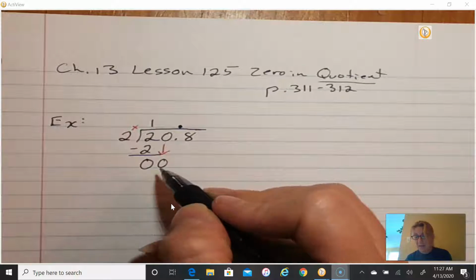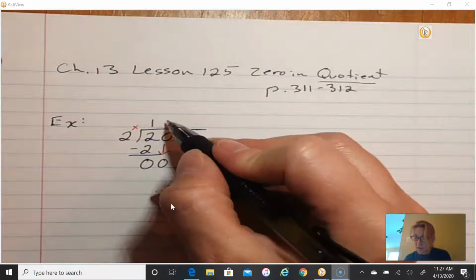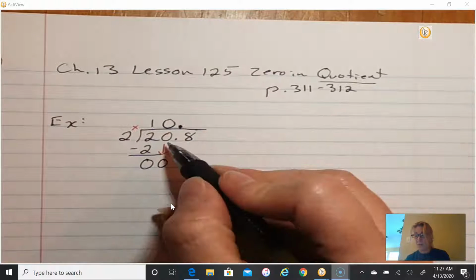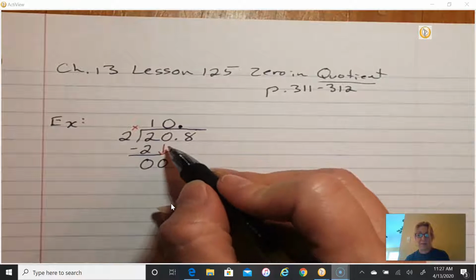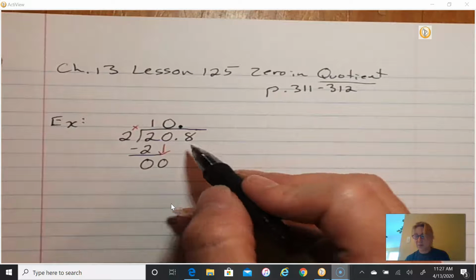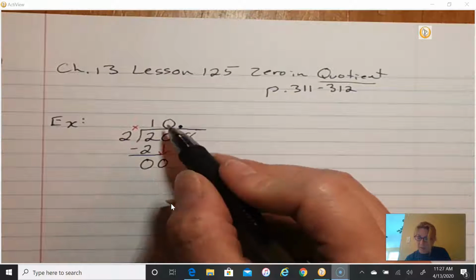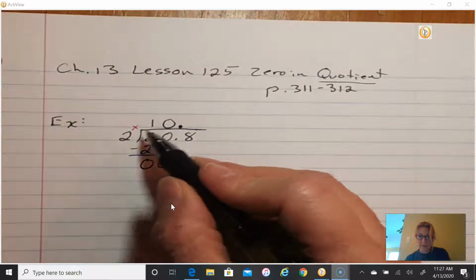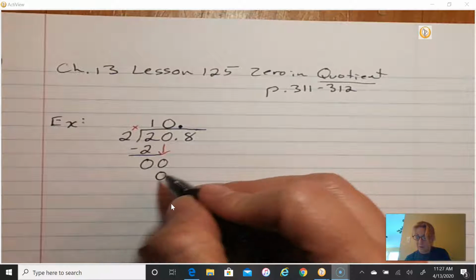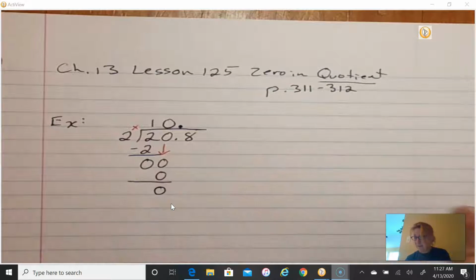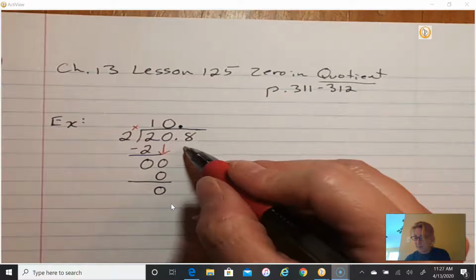No. It goes in there 0 times. So you're going to put a 0 right over that 0. You don't just leave it blank and bring down an 8. 2 goes into 0 0 times, so put that 0 up there. 0 times 2 is 0. Go ahead and do this, then you won't mess up.